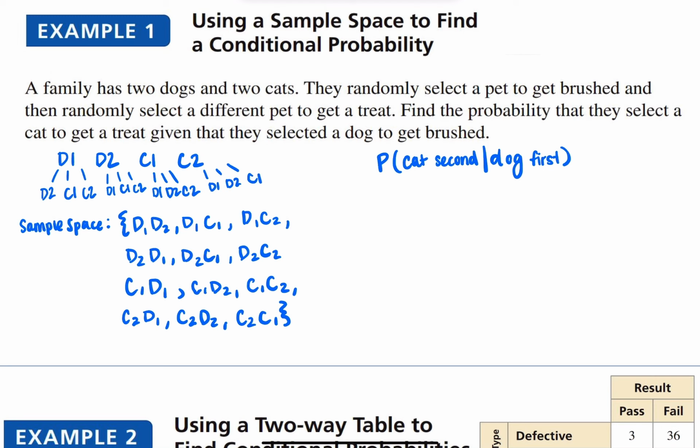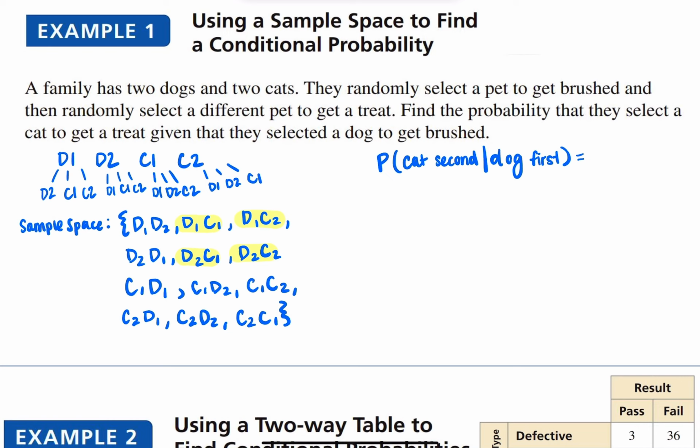Looking in the sample space, we're going to find all the outcomes where you have a dog first and a cat second. So that's going to be right here, right here, these two, and that's it.